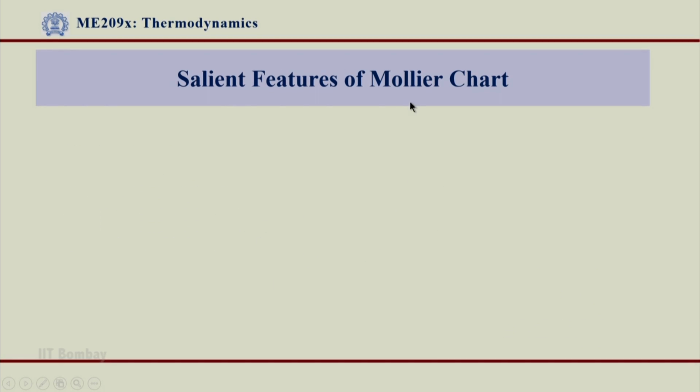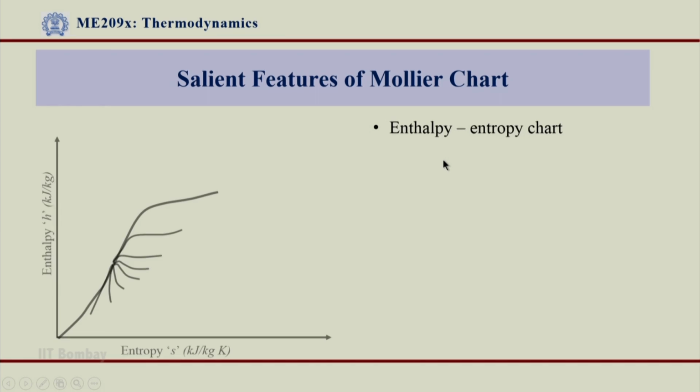Let us come to the Mollier chart and have a look at its salient features. As is known now, it is an enthalpy entropy chart, enthalpy on the y axis, entropy on the x axis, and it would look like this.